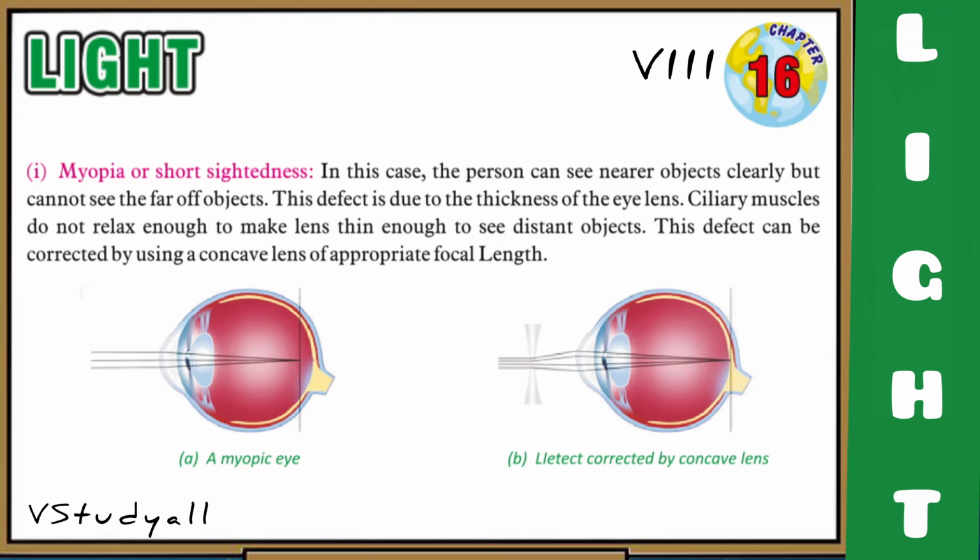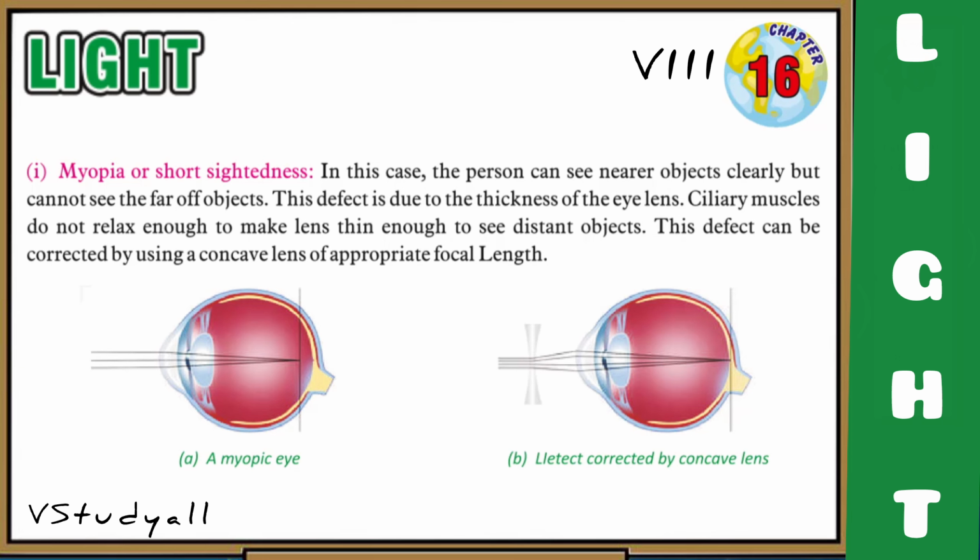Ciliary muscles do not relax enough to make the lens thin enough to see distant objects. This defect can be corrected by using a concave lens of appropriate focal length. Here you can see a picture of a myopic eye, and in the second picture you can see it corrected by a concave lens.